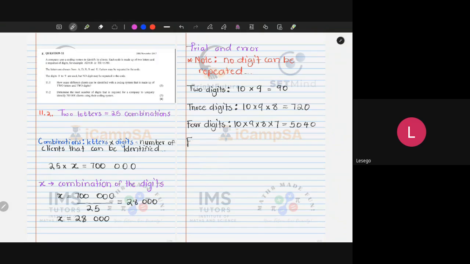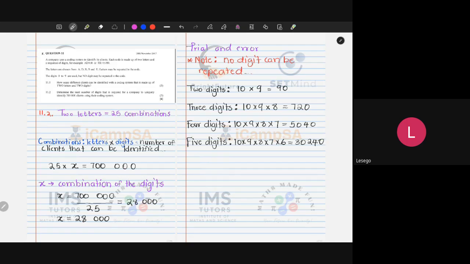So let's try five digits, which means we want to have 10 by 9, 8, 7, and 6. What is it, guys? 30,240. Clearly, four digits will not work, guys.